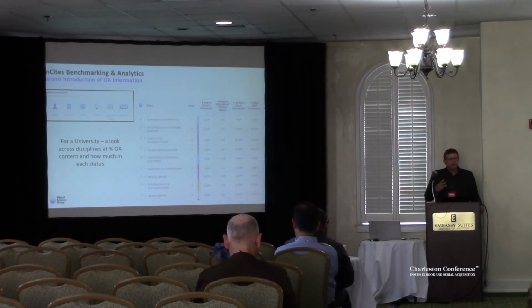Those three criteria allow for the creation of these benchmark average or expected citation rates. And then we measure that against the actual times cited for the paper. And so we can come up with metrics that at a glance communicate impact, and in this case, combine it with a view of OA status for these papers.